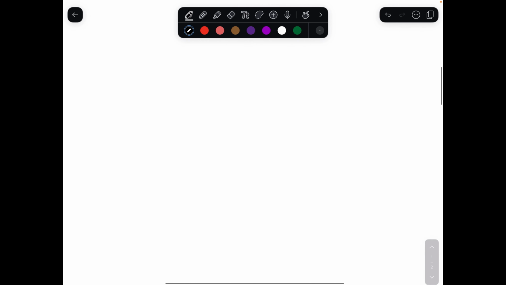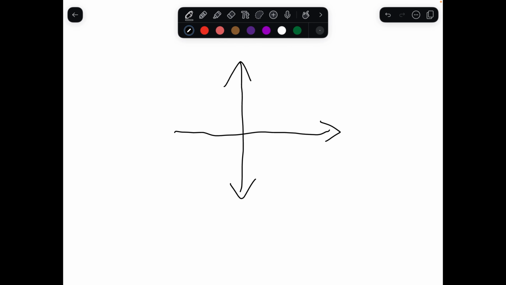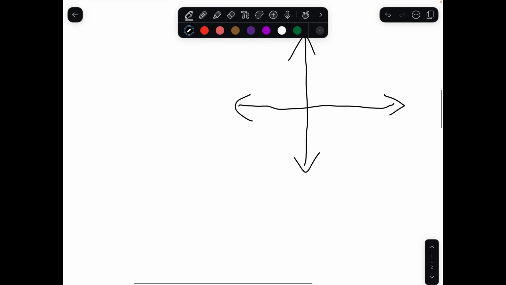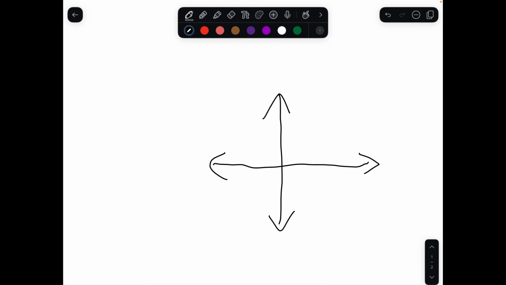So let me go down here and, let's say this was the graph of this equation. It was something like this. I don't know, this is just made up.